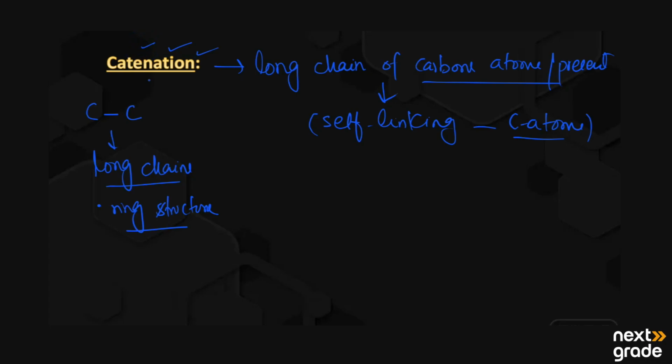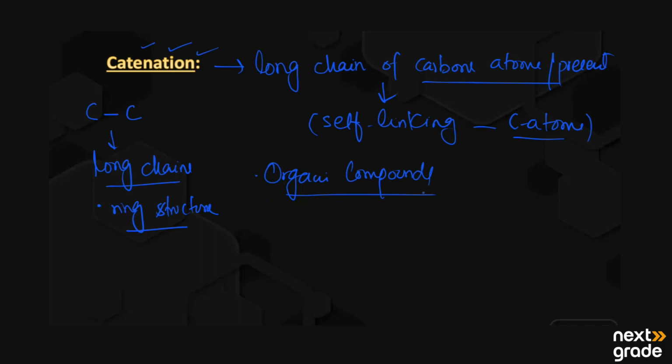Organic compounds are primarily formed by carbon, and all organic compounds mainly consist of carbon, which has the ability of catenation.